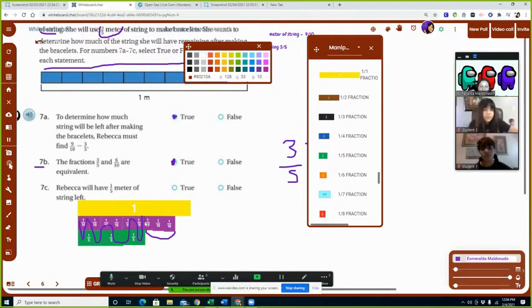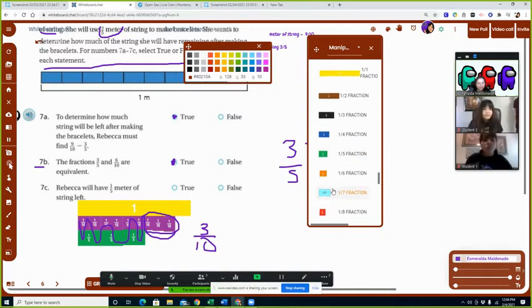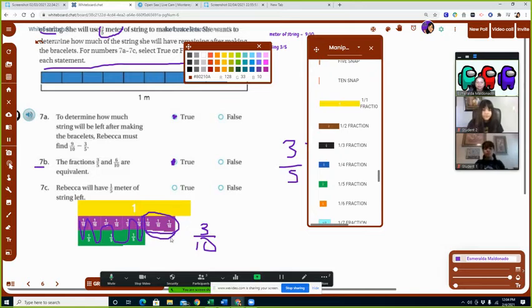So I can already tell that my difference is how many tenths? 3/10, right? Now I could, like Rosa said, try other strips until I figure out how many fit under that. But I could already see the difference. So Rebecca would have 3/10 string left.